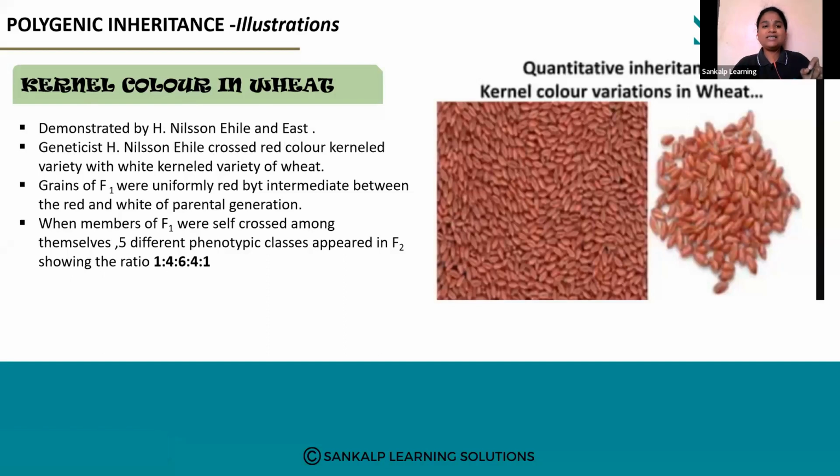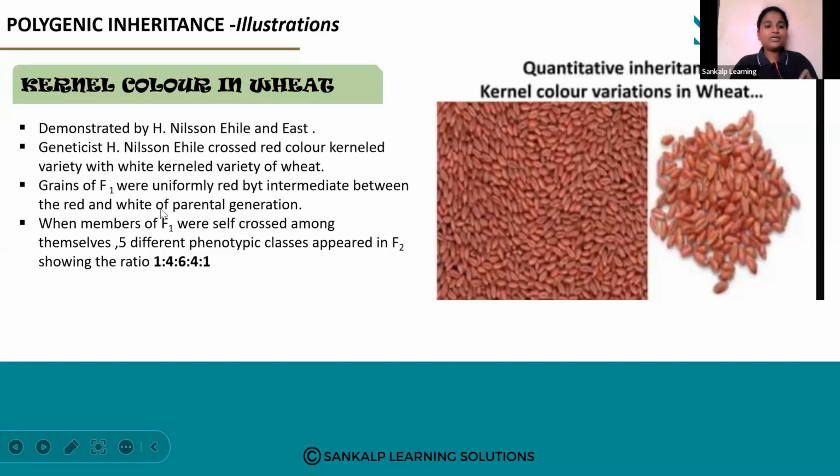So what they did is they crossed a red-kerneled variety with a white-kerneled variety. So white color iruva wheat jote red color kernel iruva variety anna cross ಮಾಡ್ತಾರೆ. Grains of F1 were uniformly red but intermediate between the red and white of the parental generation. So what did they get in the F1 generation? ರೆಡ್ ಕಲರು, ವೈಟ್ ಕಲರು, ಮತ್ತೆ ಇಂಟರ್ಮೀಡಿಯೇಟ್ ಬಿಟ್ವೀನ್ ರೆಡ್ ಅಂಡ್ ವೈಟ್ they got.